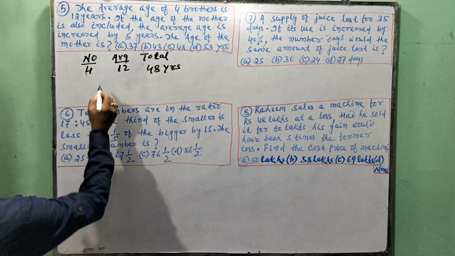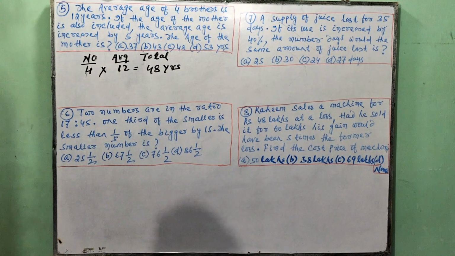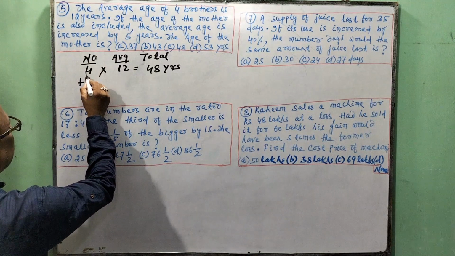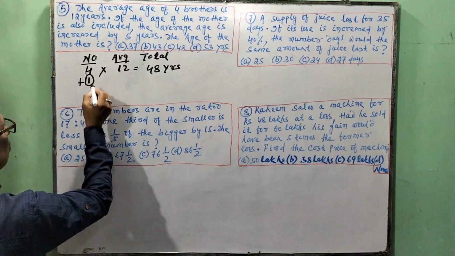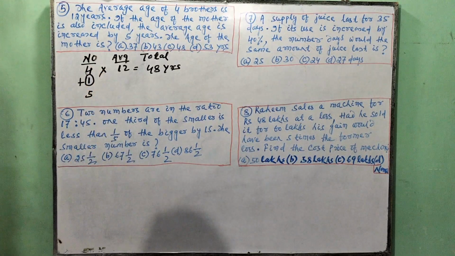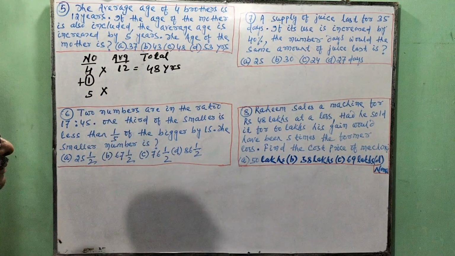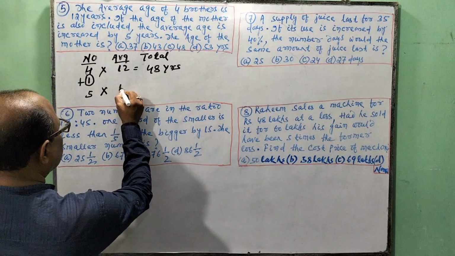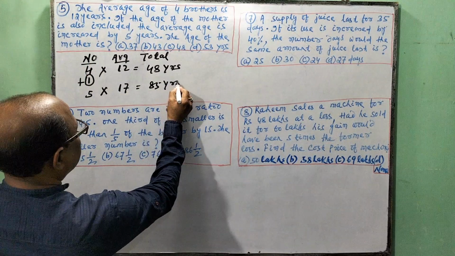If the age of the mother is also included, one member more, 4 plus 1, the number of members is 5. The average is increased by 5. The average was 12, now it is increased by 5, so it is 17. So the total age is 85 years.